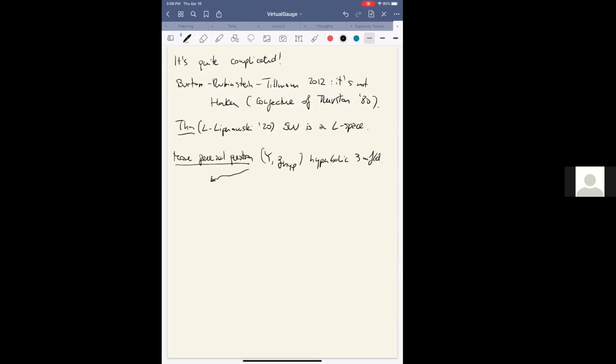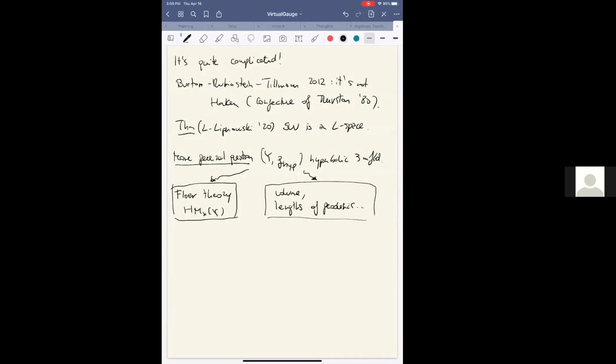You can build Floer-theoretic invariants, in particular some kind of monopole Floer homology. And on the other side, of course, you have all the invariants that come from hyperbolic geometry. So you can look at volume, lengths of geodesics, and so on.